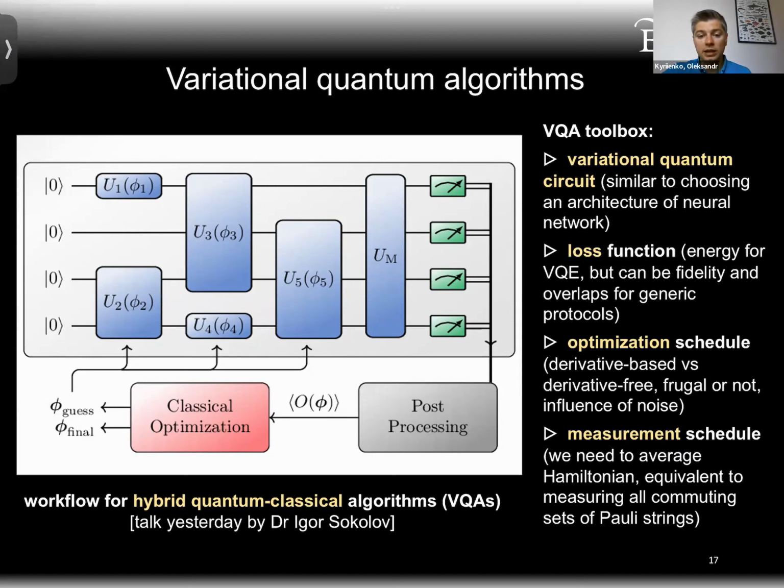And yesterday in Igor's talk, you heard about hybrid quantum-classical protocols, where you just take a circuit with some parameters that you would like to tune. You measure a loss function, for instance, in the case of chemistry, that was energy. It could be some overlap measure or just a value of your quantum model at a certain point.